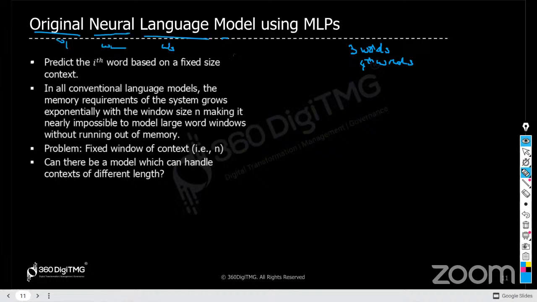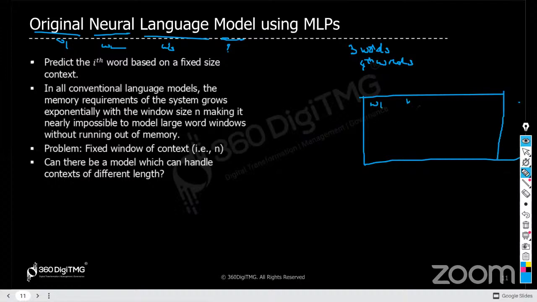After these three words, what is the fourth word I want to predict? In my data set I have four words, W1, W2, W3, and W4, out of which three are inputs, x1, x2, x3, which I already have, and one is the output variable that I want to predict.